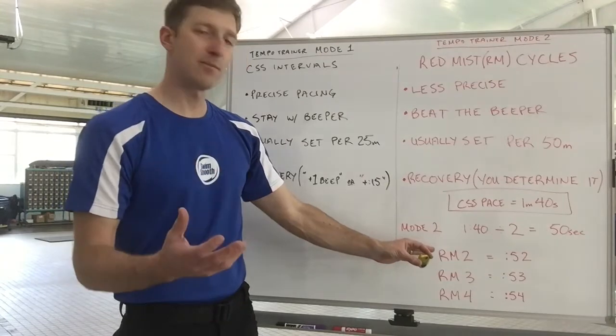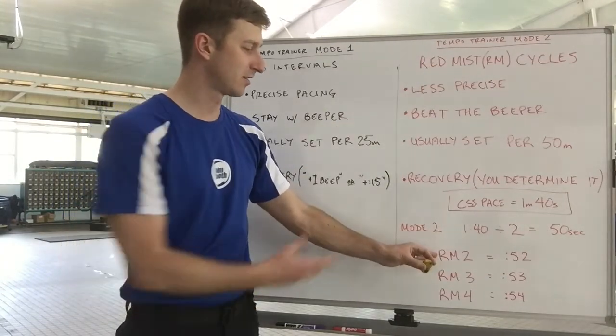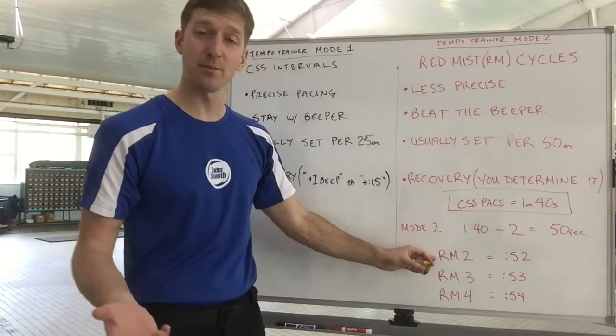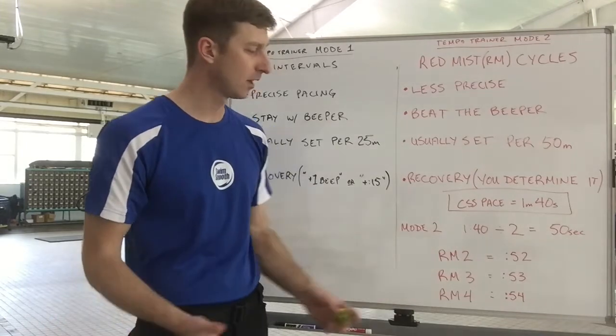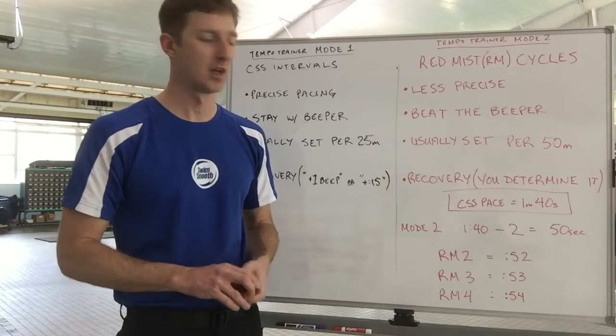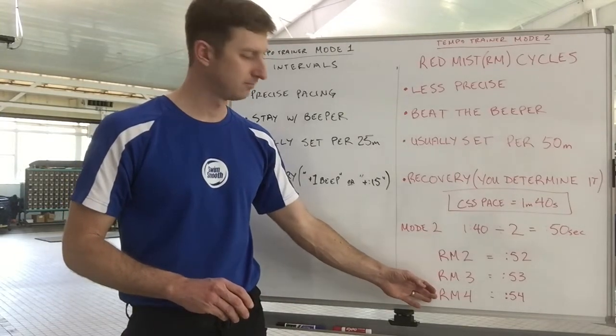The RM cycles or the intervals are expressed like this. On any given workout that we have, they will look like RM2 or RM3 or RM4. Let's just say we're going to swim 400 meters, and let's use RM4 as our interval.